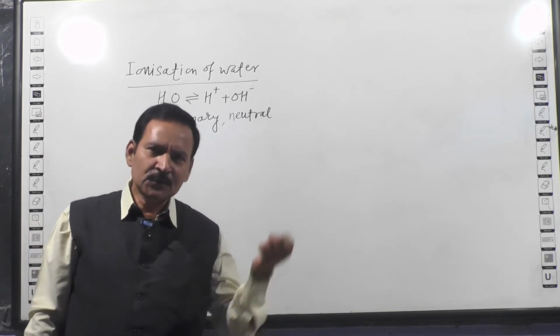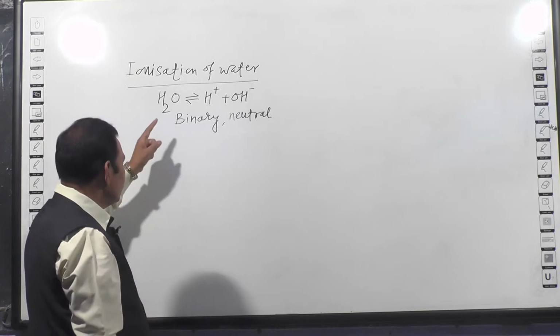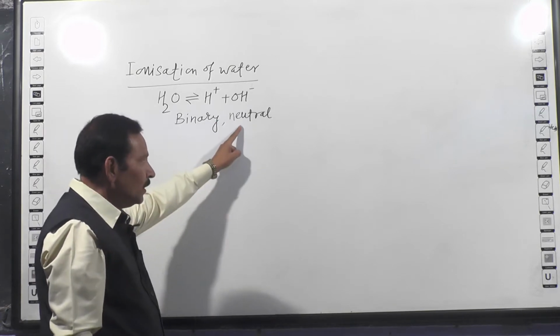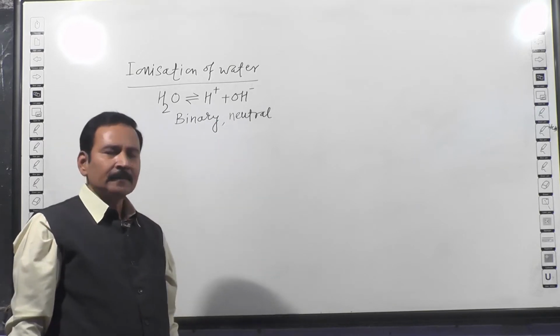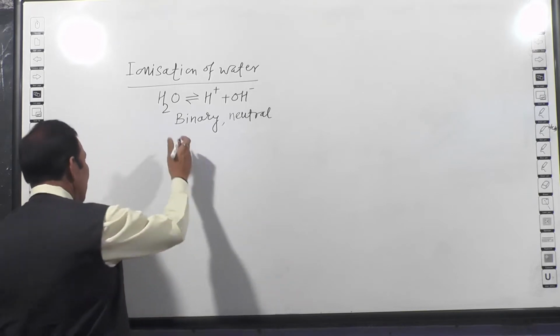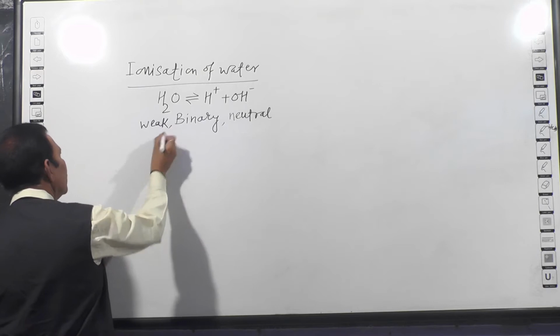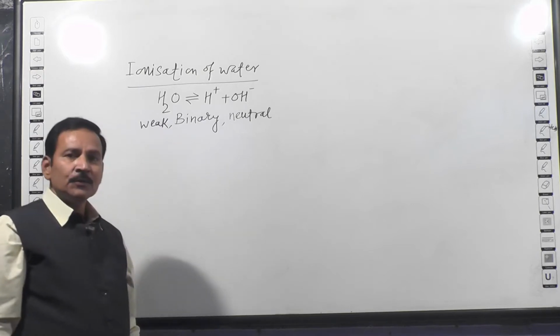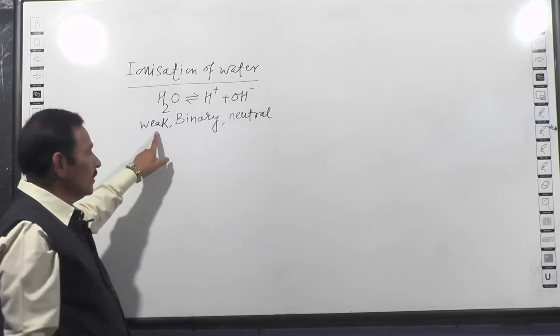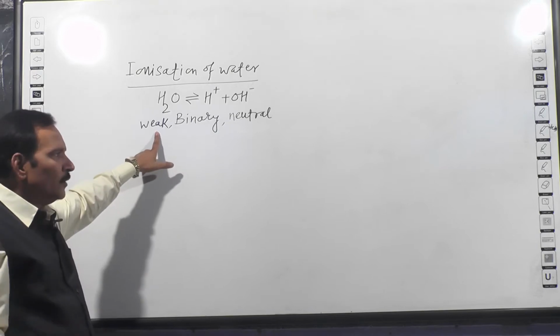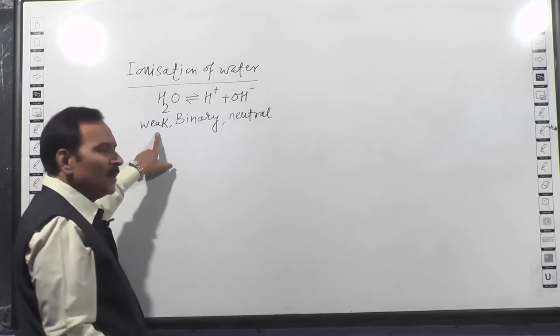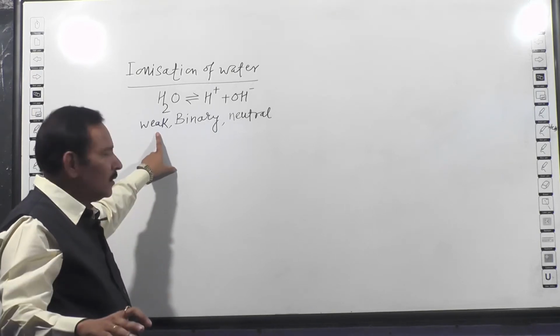So the characters of water: it is binary, neutral, then it is weak also. Weak means the degree of dissociation of water is very small.